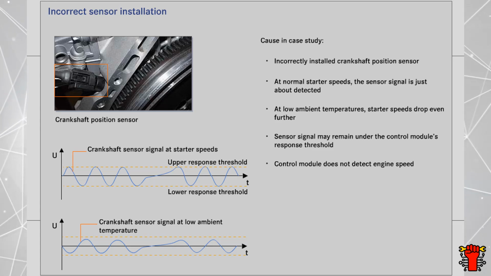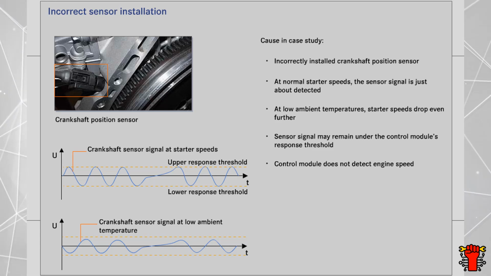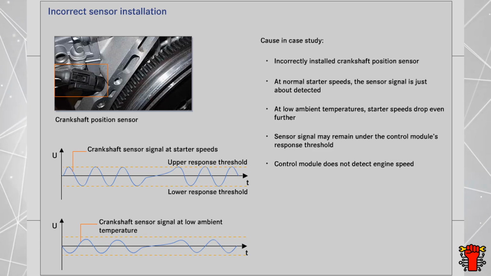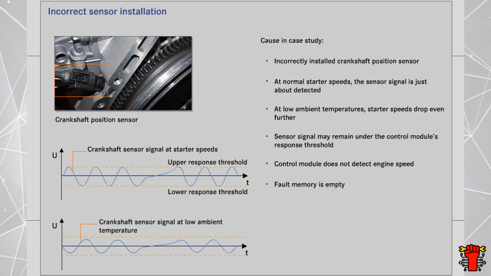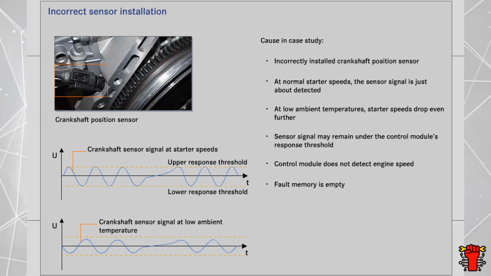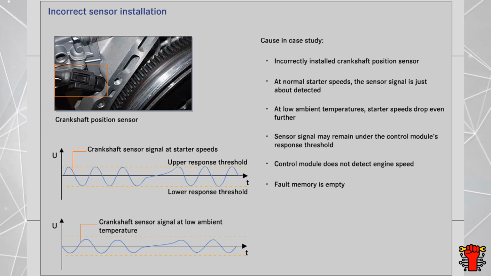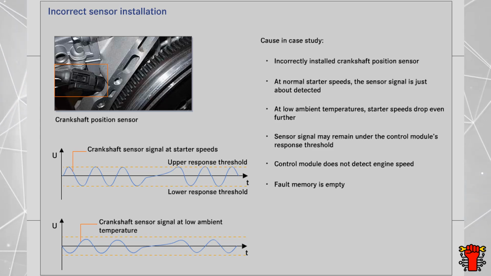The control module does not detect an engine speed and as a result does not put the ignition and injection systems into operation. The fault memory of the engine control module remains empty, as faults are not entered into the readable fault memory until they occur in a second drive cycle.